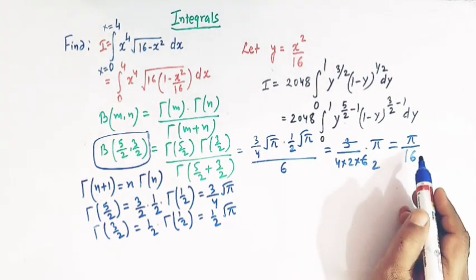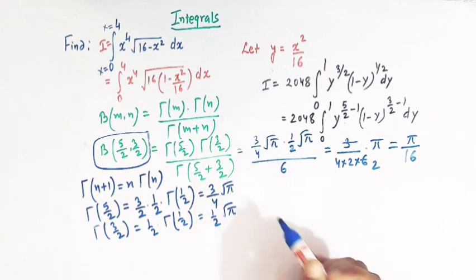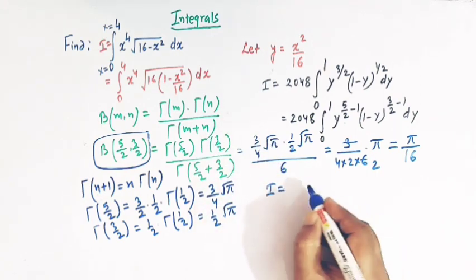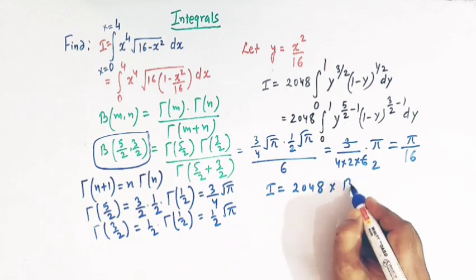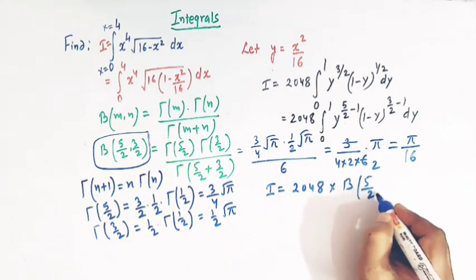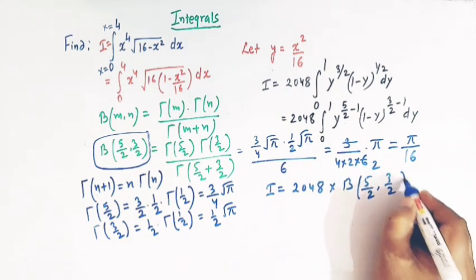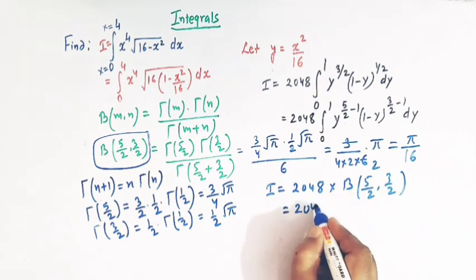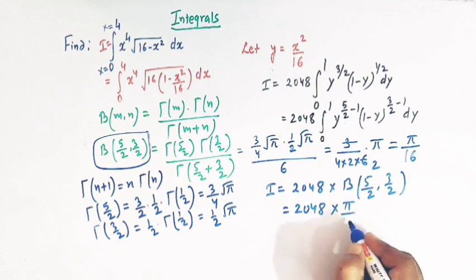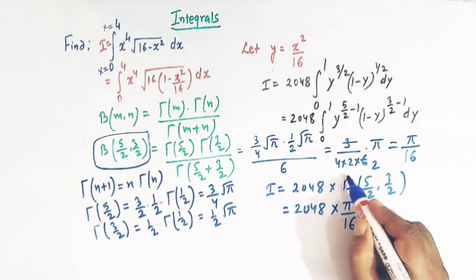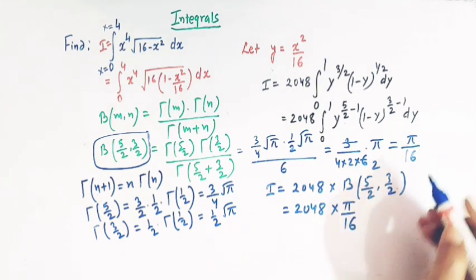So now the value of this integral I is equal to 2048 times beta of 5 by 2, 3 by 2, and this is 2048 times pi over 16, right? So the value of this quantity is pi over 16.